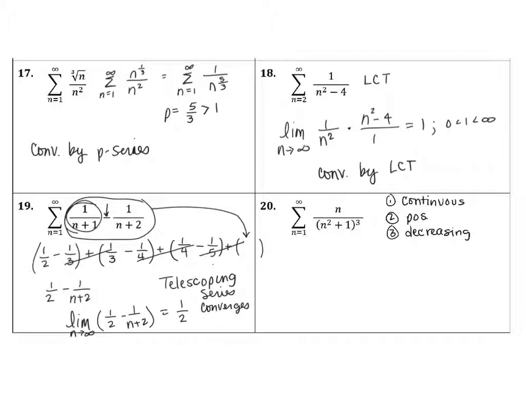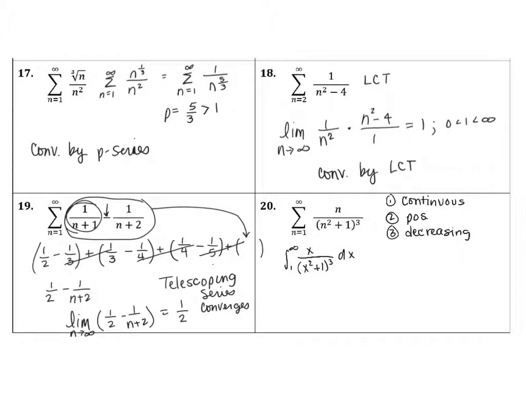So, goodness gracious, we're actually going to have to do a u-sub with this. So let's look. We're going to do the integral from 1 to infinity of n over, or let's change it to x, because we're looking at an integral now, not a sum. So x over x squared plus 1 all cubed dx.